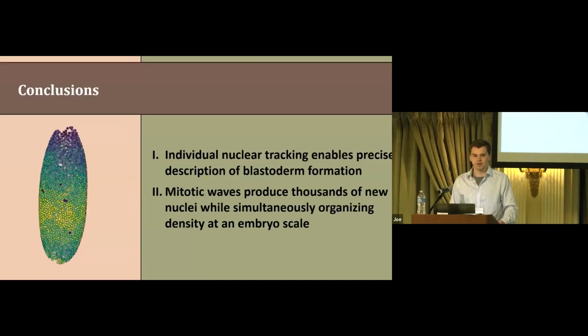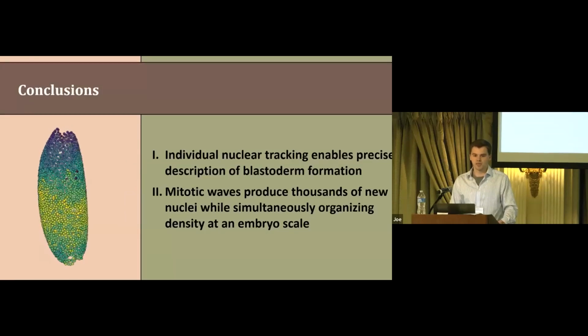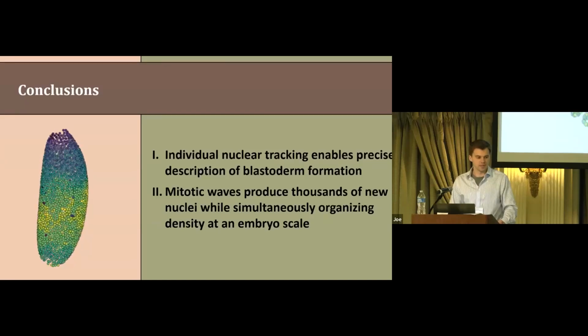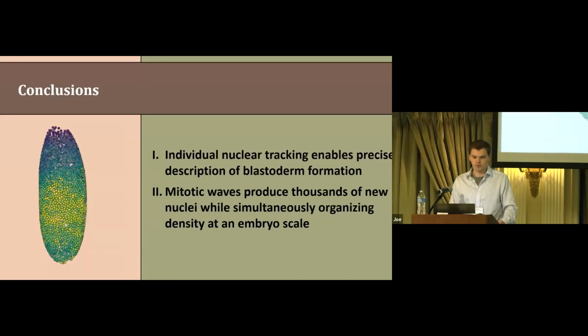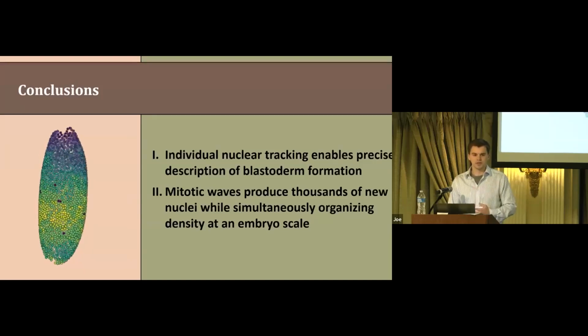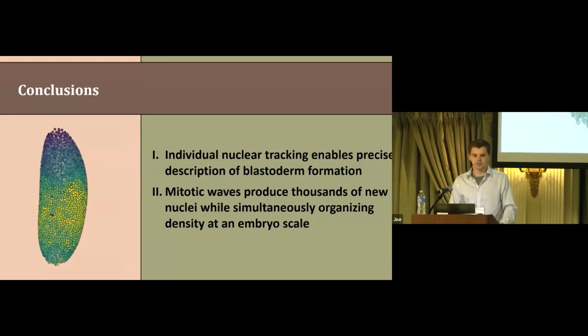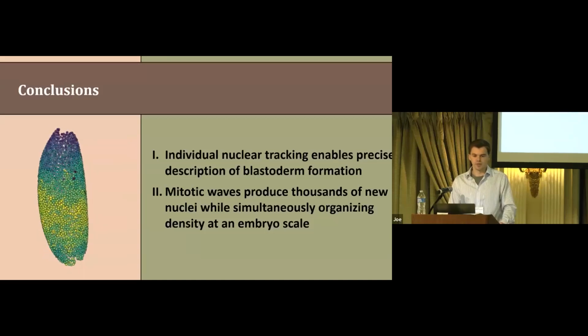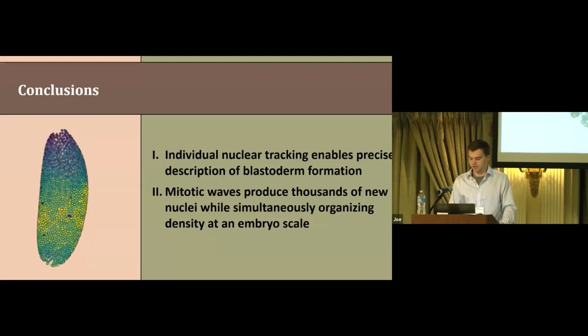So this was a densification process, and we benefited the most from being able to really look at this process in detail, following the trajectory through time. And what we found was that these mitotic waves are not only injecting thousands of new nuclei into the surface of the embryo, but they are simultaneously organizing density at the embryonic scale.